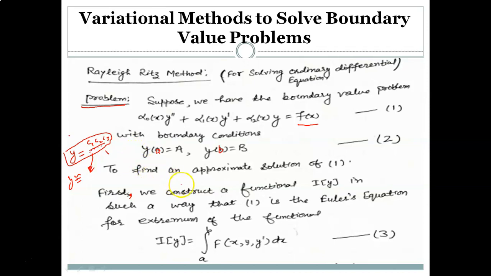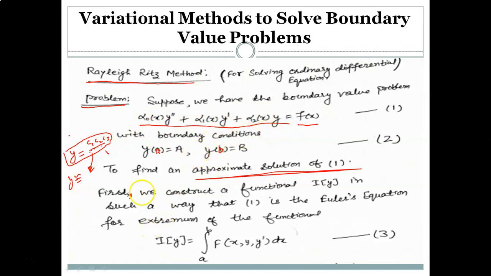That means you can find the approximate solution, and there are various methods available in numerical techniques where we can find the approximate solutions of ordinary differential equations. But in our subject, in this course, we are dealing with the calculus of variations. So that is why we are using the variational methods to find the approximate solution of this kind of differential equation or a boundary value problem.